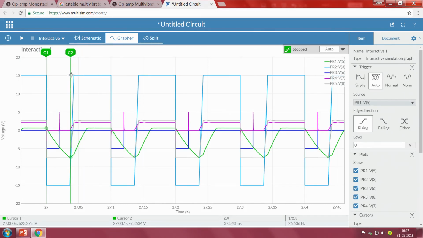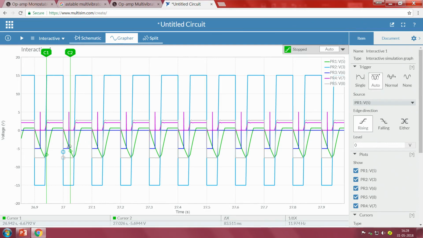Previously, if I remember right, it was 6.9 milliseconds. Now you see 37.5 milliseconds. What if I decrease my resistance value? If I decrease my resistance value, it consumes a lot of current, so the discharge will be a little faster. So, faster the discharge, faster the ramp, right. It discharges somewhere here, even less than 6.9 milliseconds.